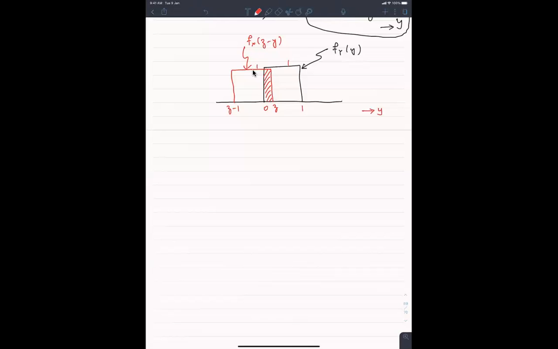is z. So whenever z is between 0 and 1, our fz of z is equal to z.